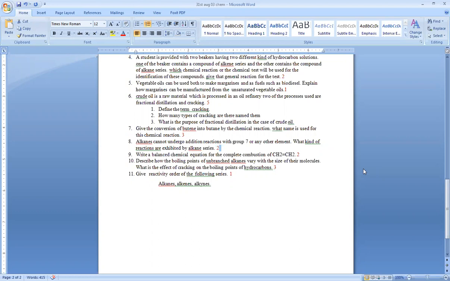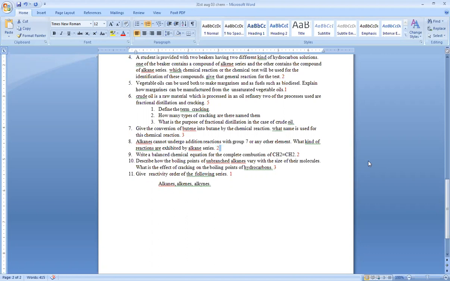The second part of the question is, what is the effect of cracking on the boiling point of the hydrocarbon? The answer lies in this: hydrocarbons will have lower boiling points whenever they are low in the number of carbons. So cracking is basically going to reduce the boiling points of the hydrocarbons.